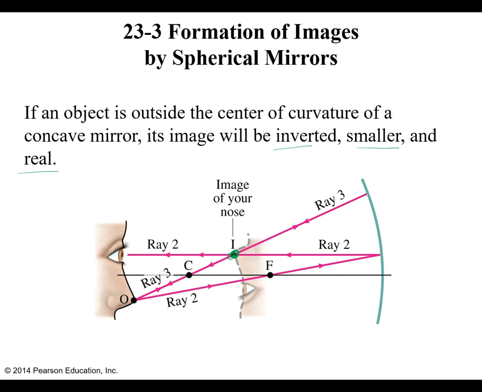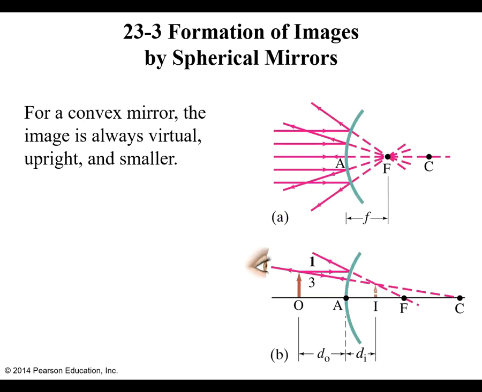Okay, those are concave mirrors. Let's take a quick look at convex mirrors, and then we'll summarize everything up. Convex mirrors are weird, because light will never converge. If you have light coming in from the left, it will just bounce away like so.